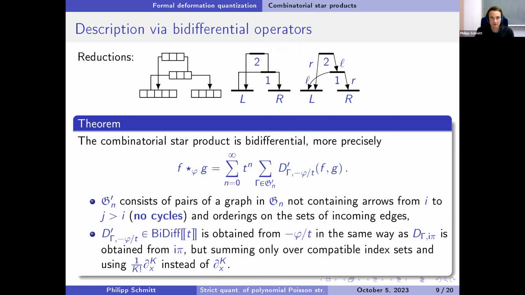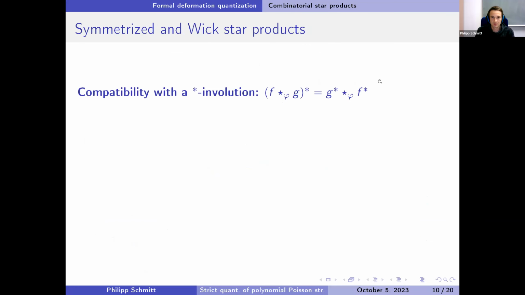Okay, with that, I want to make one more remark concerning the physical interpretation, because our physical observables are usually the Hermitian or self-adjoint observables. So we need a star involution, and compatibility of a product with a star involution usually means that if we take the star involution of the product, we swap the two factors and apply the involution to them.